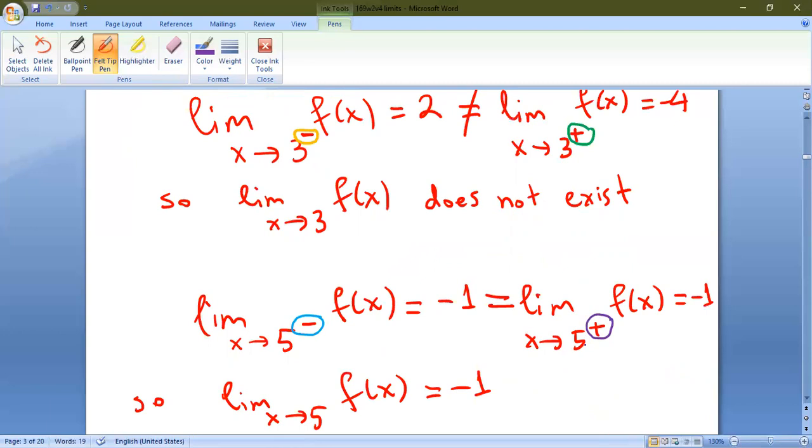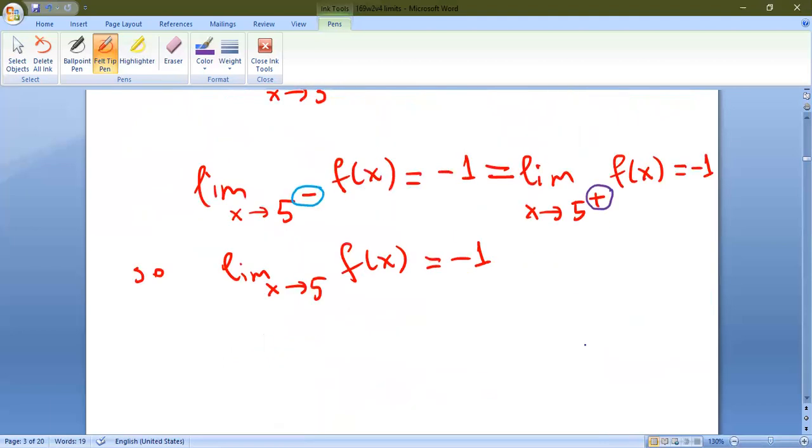So the meaning of this minus and plus is this, okay? Minus means numbers a little bit less than 5, and the superscript plus means numbers a little bit bigger than 5. If these two outputs are the same number, as you see, they are both minus 1, then we say the limit is equal to that number, minus 1. And of course, we also say the limit exists.